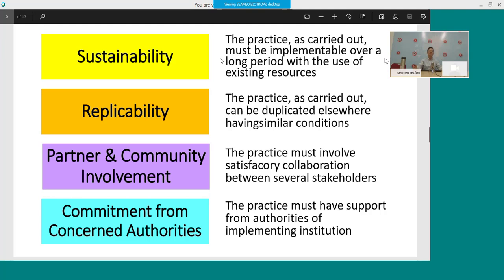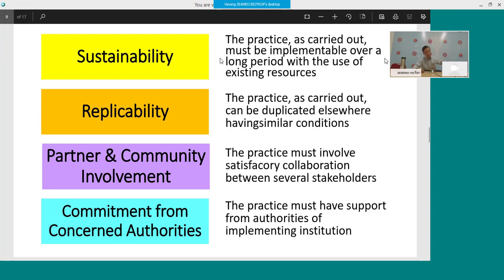And the next criteria, replicability, is because, like I said, the importance of documenting the best practice is because we would like to share this to other people outside of our school. So if our practice is the best practice, your practice can be replicable to another similar situation in other schools.